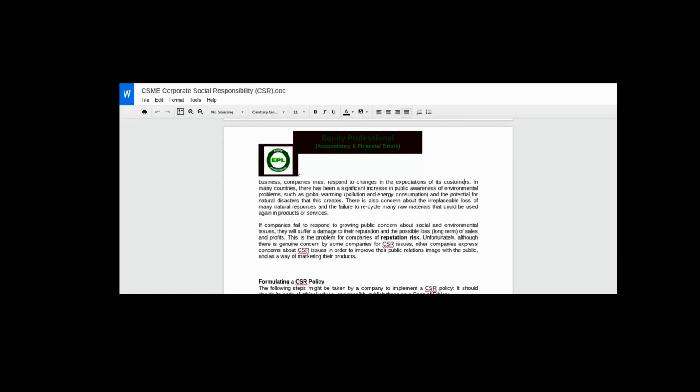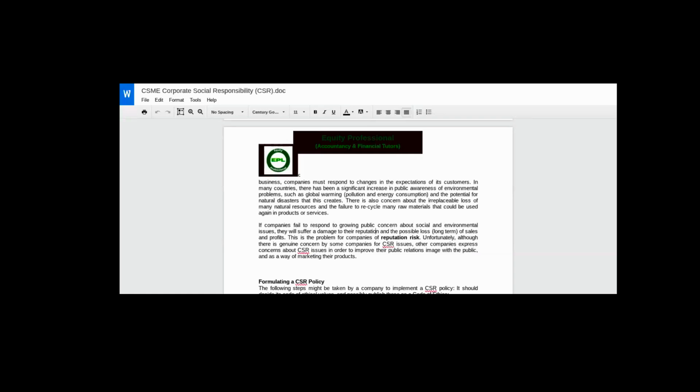CSR, in paragraph 3, the effect of it is that any company that fails to show concern for the social and environmental issues will suffer damage to their reputation. So lack of involvement or commitment to CSR brings about reputational damage, and it doesn't end there.